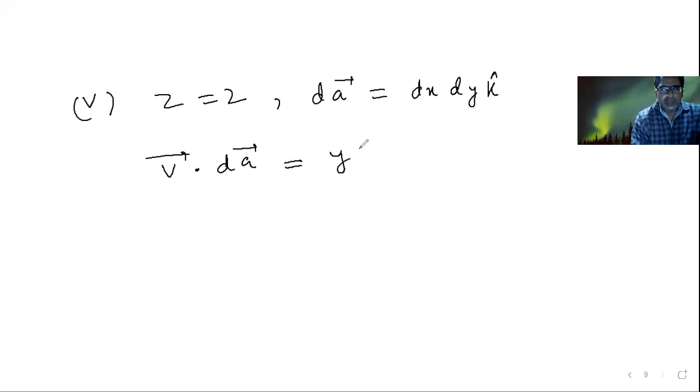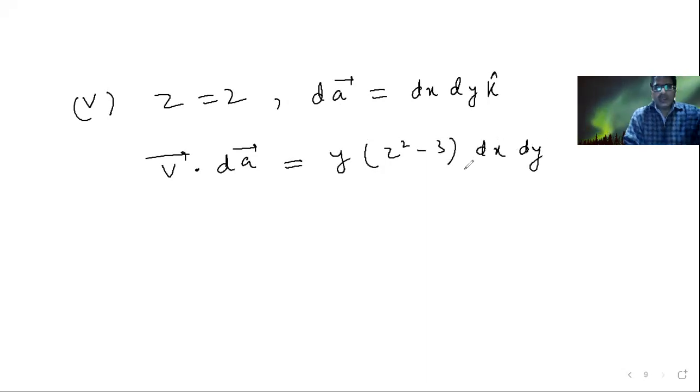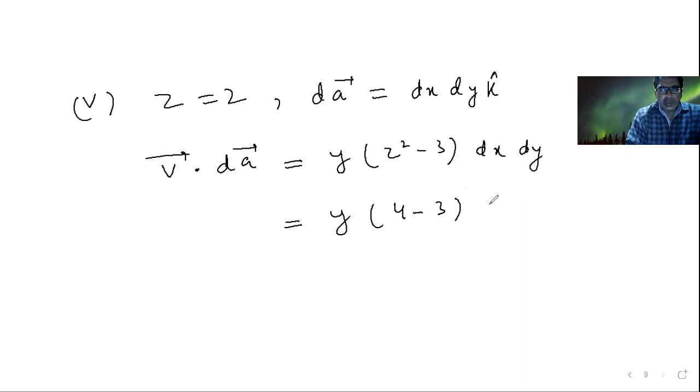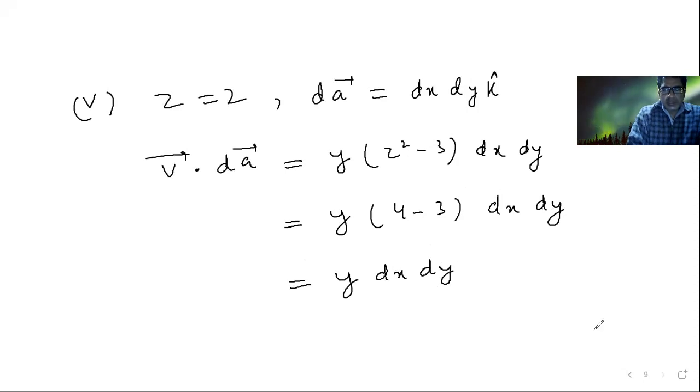It is y times z square minus 3 dx dy. Y times z square minus 3 is the z component of the vector field. So it becomes y times 4 minus 3 dx dy. Where z is 2, z square is 4. It becomes simply y dx dy.